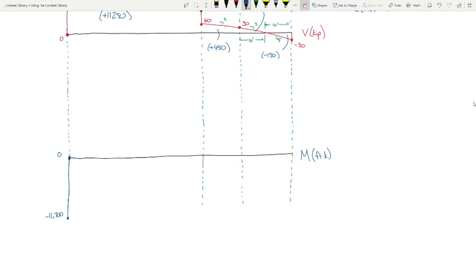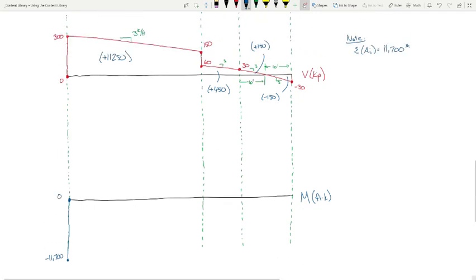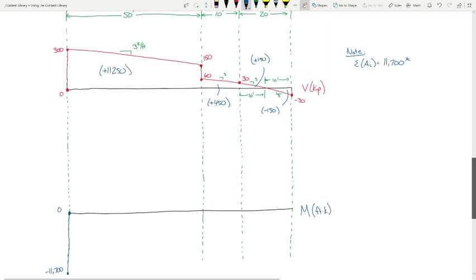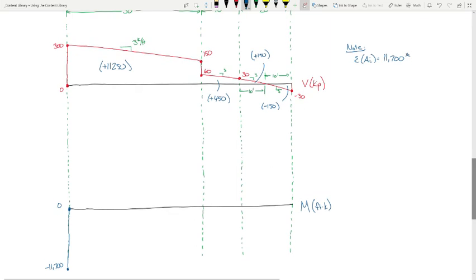So that moment reaction at A, I'm going to start off with that. Let's do that. That way we can kind of see what's going on. So the way I draw moment diagrams, I like to first make sure I'm getting my values right. So if I'm at negative 11,700, what am I going to be right here? From here to here, how much do I go up? 11,250. So if I'm at negative 11,700 and I go up 11,250, what's that put me at? Negative 450. Okay.